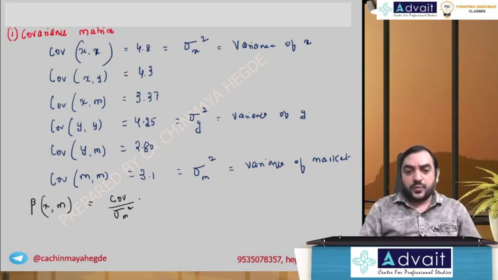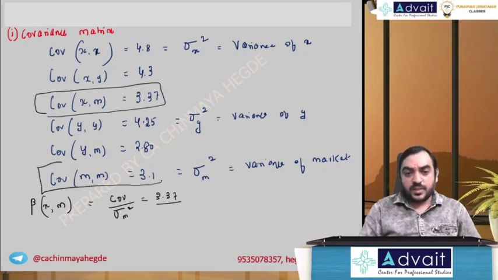So for the beta between X and M, covariance of X and M, we have got 3.37, by market variance, we have got 3.1. So 3.37 by 3.1, 1.087. Okay, then beta between Y and M, same formula, covariance by market variance.